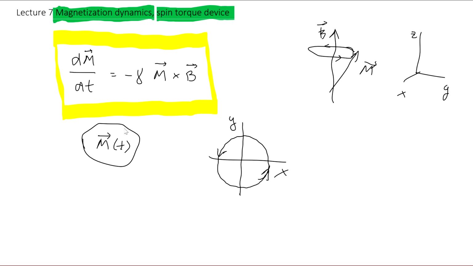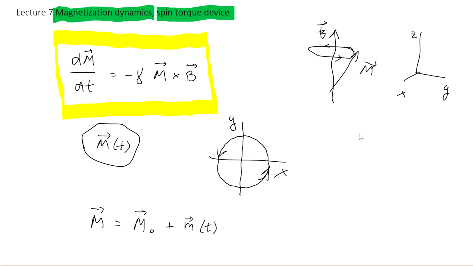Now, this is number one. Number two is we looked at this equation and said that, okay, we are not interested in big oscillations of magnetizations and switching. We're looking for small oscillations. So what we say is that our magnetization is almost always fixed along the y-axis, but there is a small, time-dependent perturbation of it.